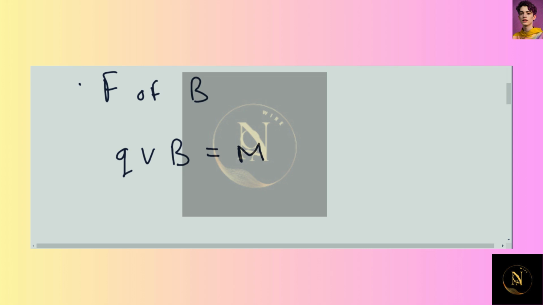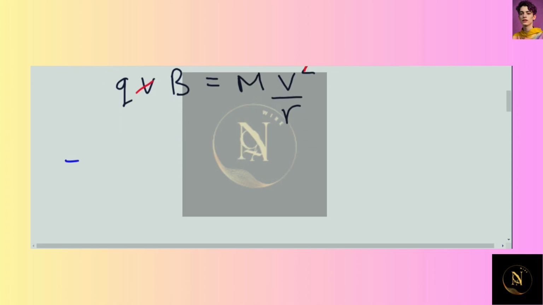But here we're dealing with a circular object, so the acceleration is centripetal acceleration, which is given as v squared over r. And of course, one v cancels, so we're left with Q times B equals mass times velocity divided by r.